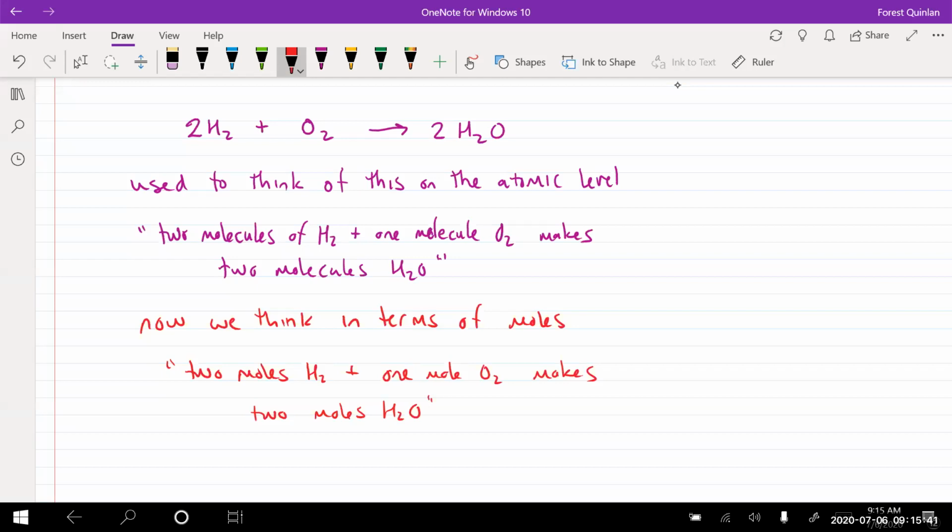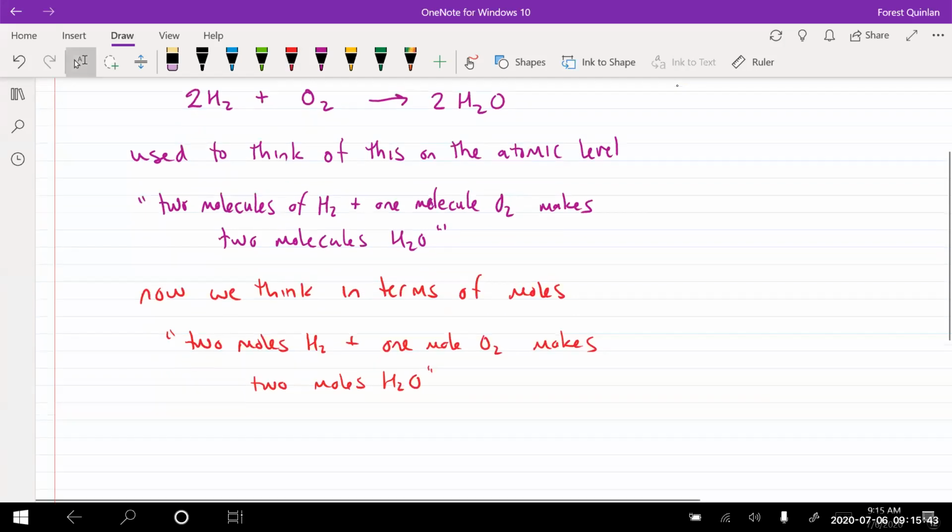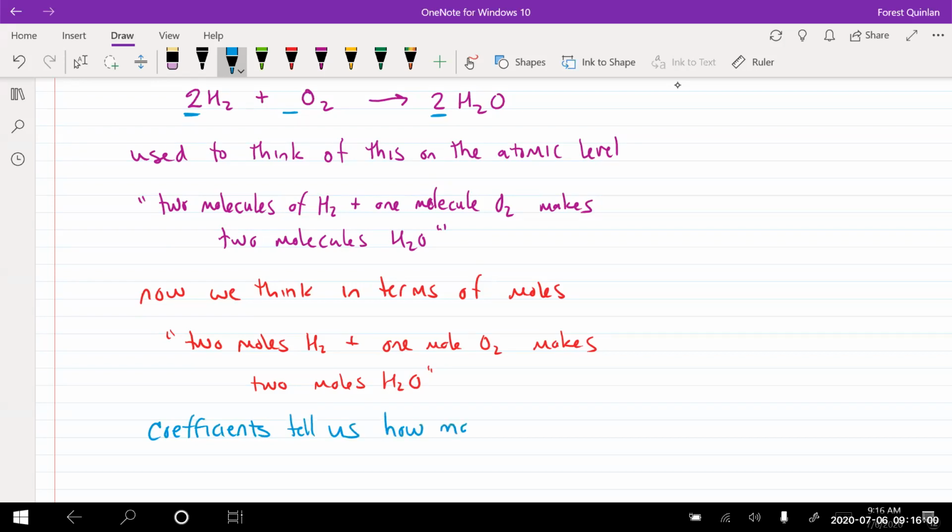So now these coefficients out in front aren't just the number of molecules, but now they're the number of moles. So coefficients tell us how many moles of each compound we have.